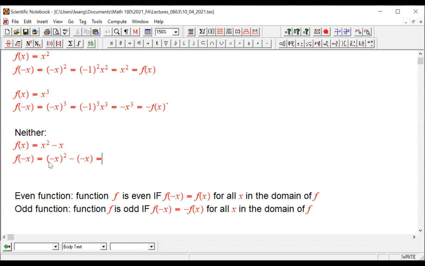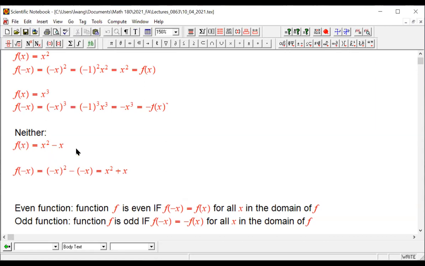That equals negative x squared, which is still x squared, minus negative x is plus x. Okay, so f of negative x does not equal f of x. It does not equal negative of f of x either, because negative of f of x means you just put a negative sign in front of f of x.